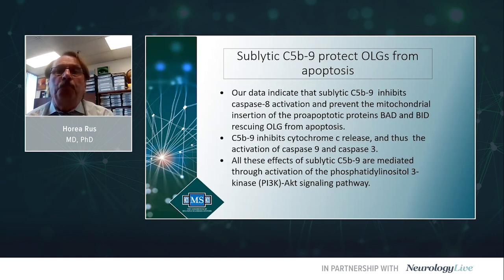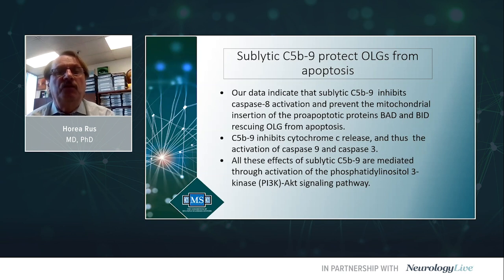And sublytic C5b29 prevents caspase 8 activation, also prevents mitochondrial insertion of pro-apoptotic proteins BAD and BID, and rescues oligodendrocytes from apoptosis.